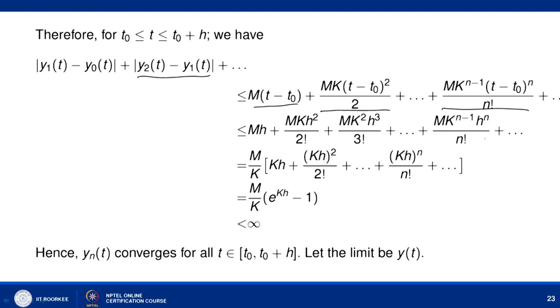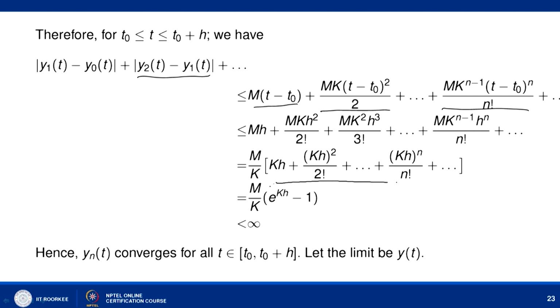And here, this is a kind of known series, and we can put it in a familiar form by multiplying by K and dividing by K. So we can say M by K times (K h plus (K h)^2 / 2! and so on).